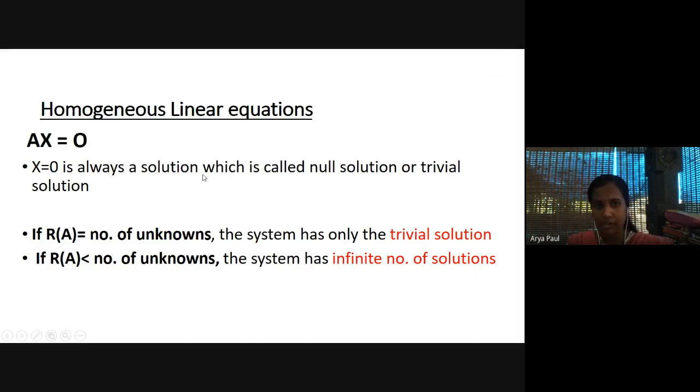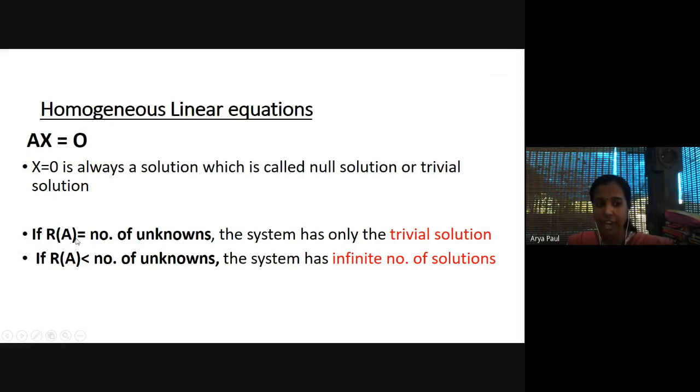If there are three unknowns, x, y, and z, what will be the resulting solution? x = 0, y = 0, z = 0. All three unknowns will have the value 0 as a solution, which is called the null solution or trivial solution. This is always a solution of Ax = 0, the homogeneous linear equation.